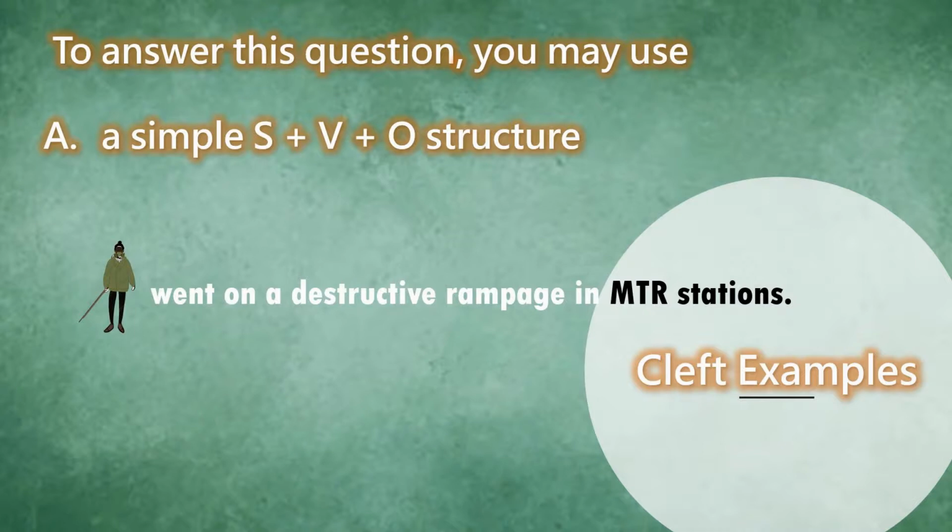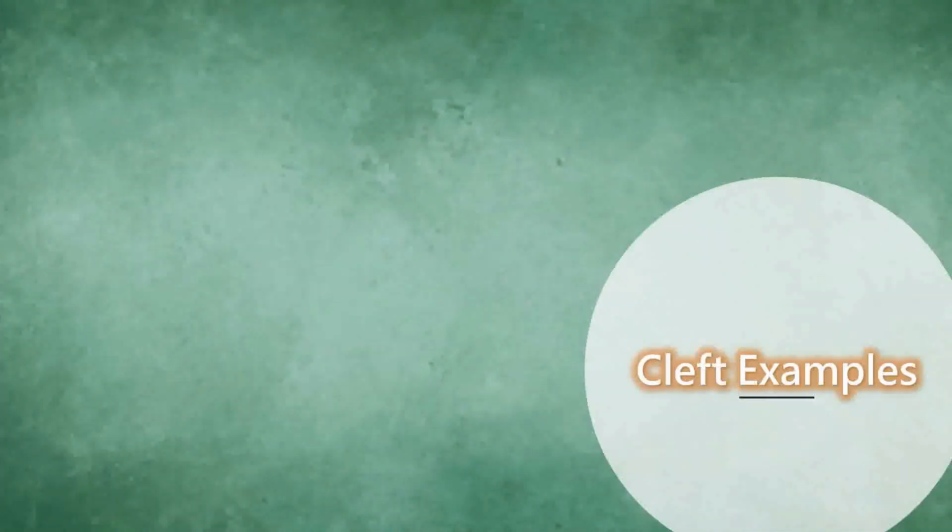The problem with this subject, verb, object structure is, it's just three pieces of information together, whereas there's a clear need to put the spotlight on the doer of the action, the vandal, right? So this is why we better use a cleft sentence structure.